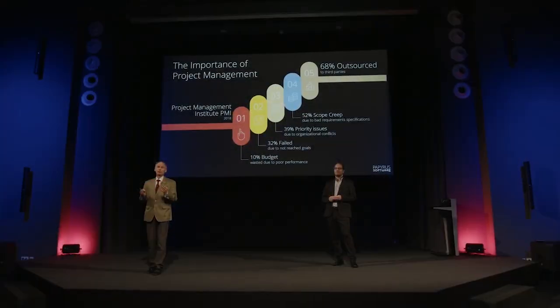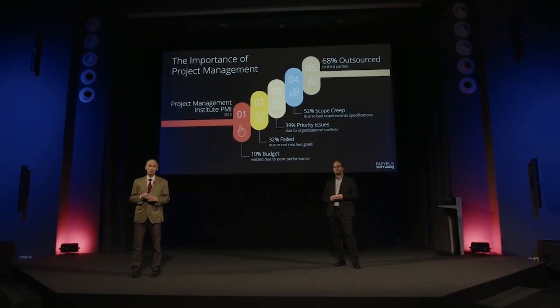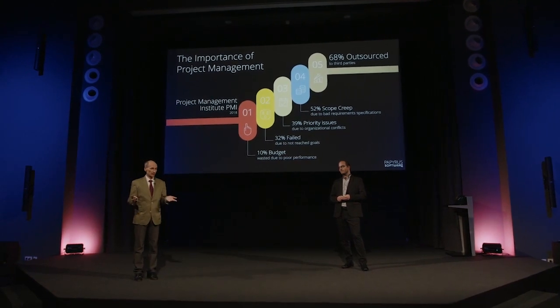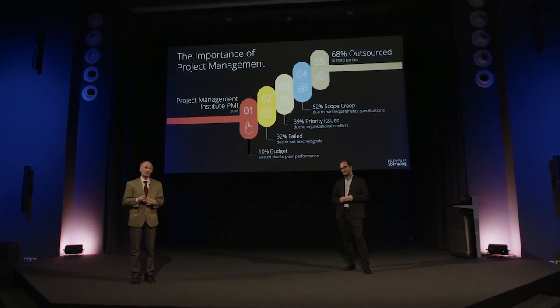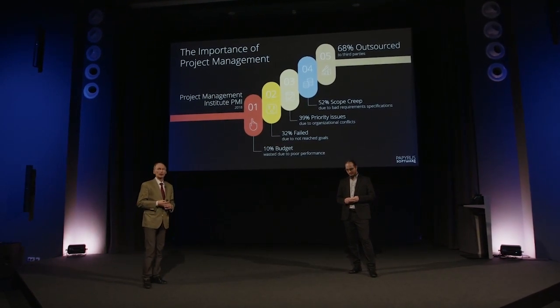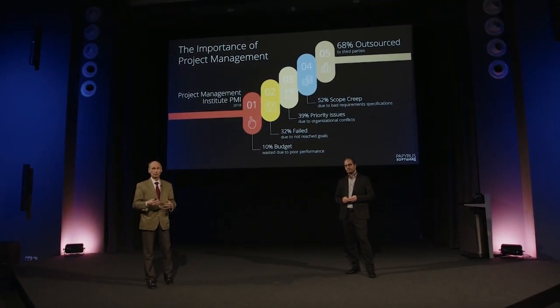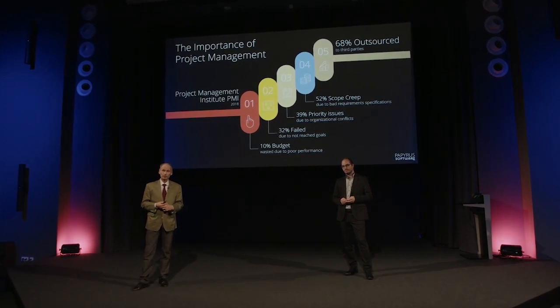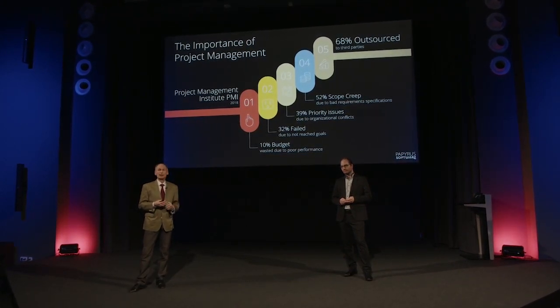And why is that? You see nearly 40% are caused by priority issues. Internal organizational conflicts find out that certain priorities are conflicting with each other, and that of course usually causes a delay. Also an important step is that if you don't do good requirement specifications, you easily have scope creep.